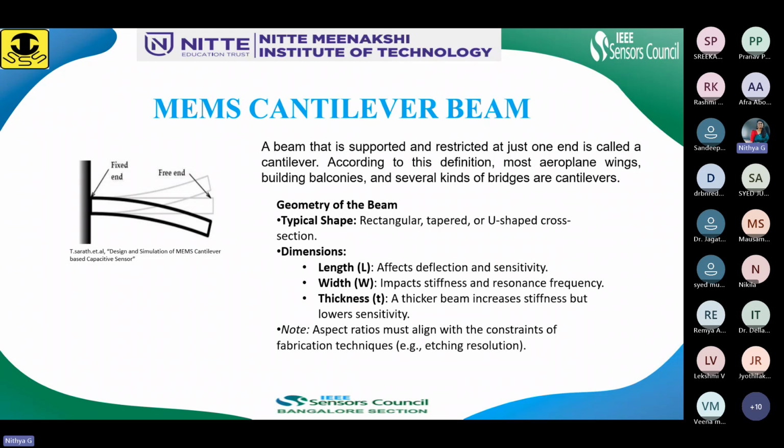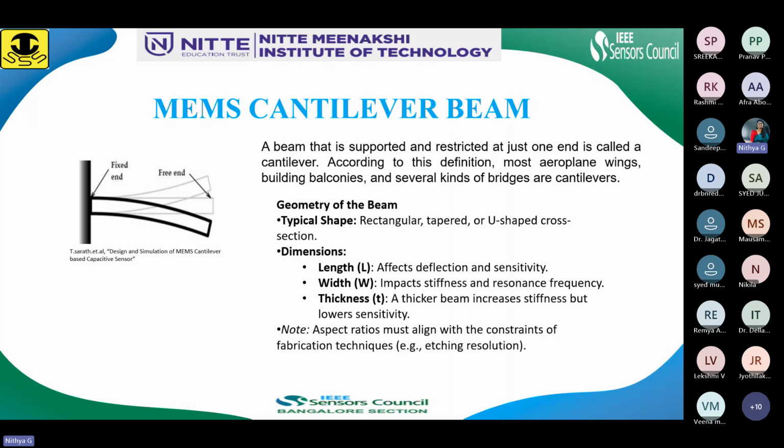So the impact of stiffness is observed while optimizing the width of the cantilever beam, right? And also thickness contributes towards the optimization of stiffness. But one thing we have to keep in mind is, the stiffer the material is, the lesser the sensitivity, right?